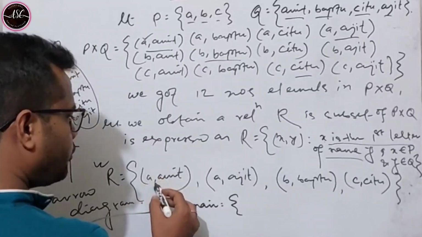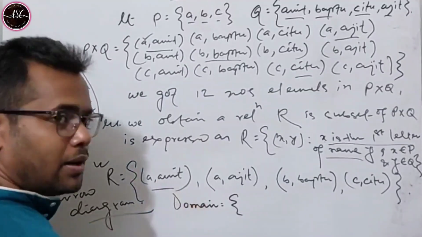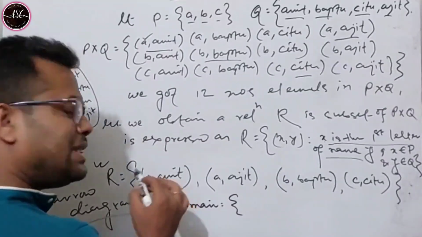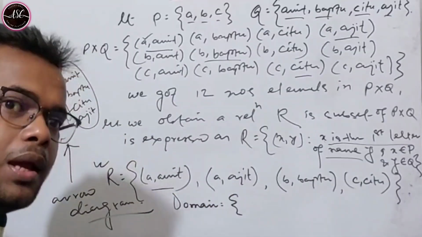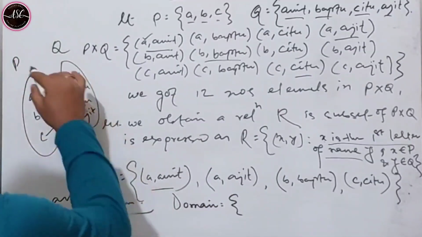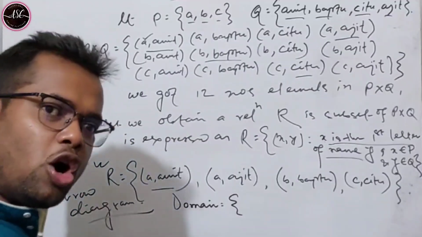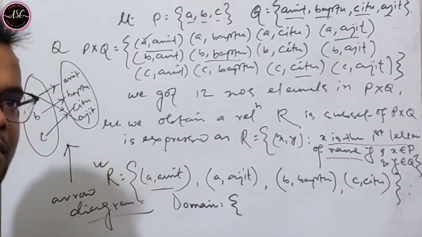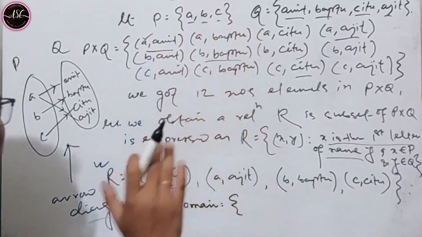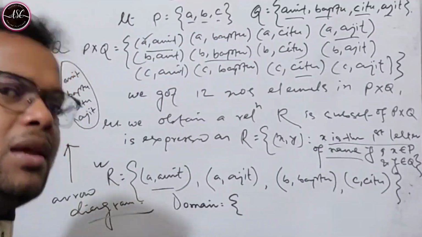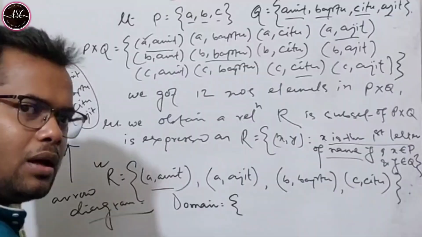Here, in an ordered pair, the set of all the first elements in relation R from P to Q is called the domain of the relation. Here I take P and Q as sets. There will be A, B, C, D, any of these.